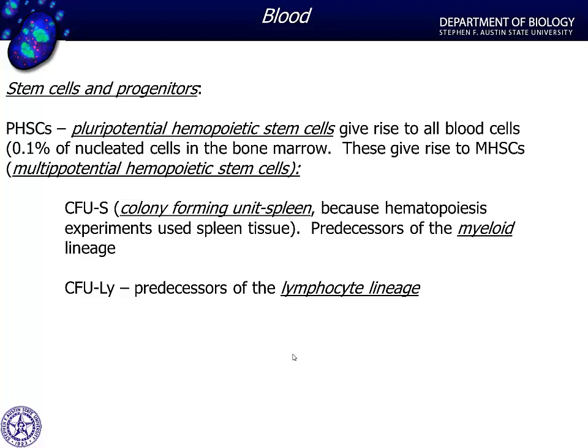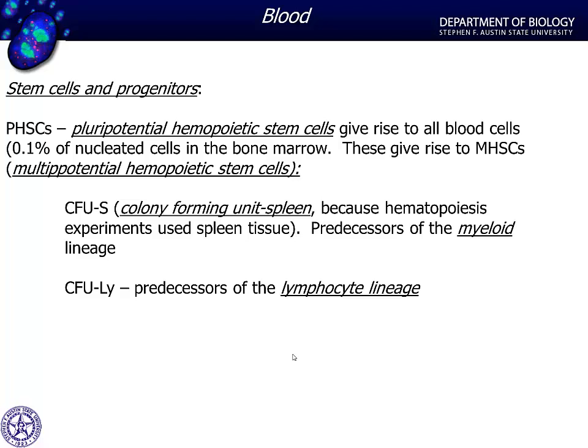So while the pluripotential stem cells can give rise to any blood cells, these two categories are only going to give rise to a subset, not all of them. That's why we call them multipotential. Another term we use in development is totipotent or totipotential, and that would only be used for the fertilized egg because everything is going to come from that one very early stem cell.